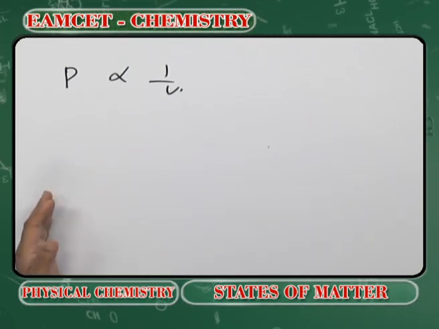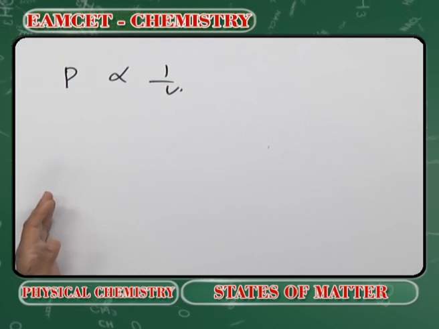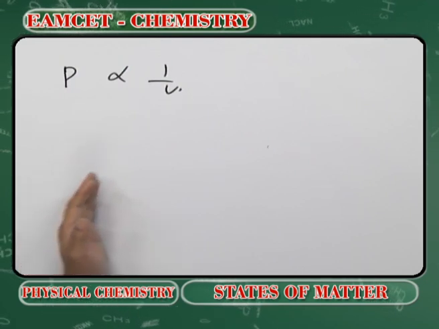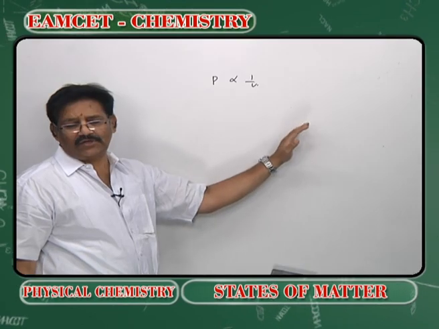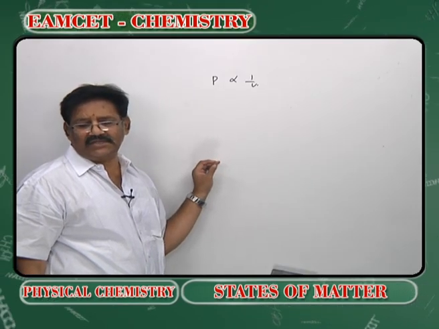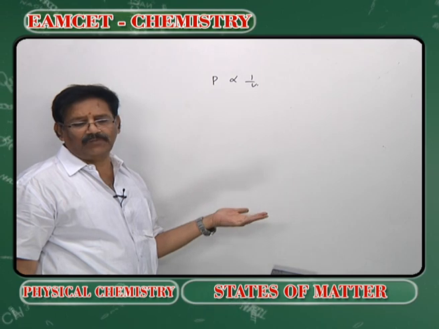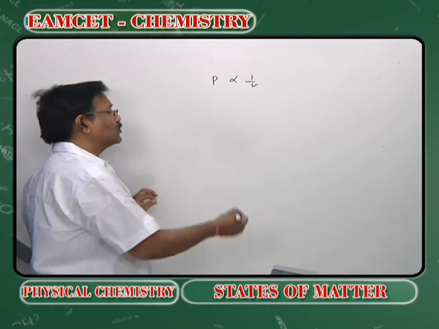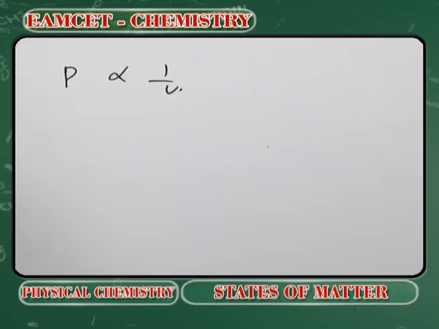In a mixture of N2 and CO2 gases, the partial pressure of CO2 is 1.25 atmospheres. The total pressure of the mixture is 5 atmospheres. What is the mole fraction of the N2?